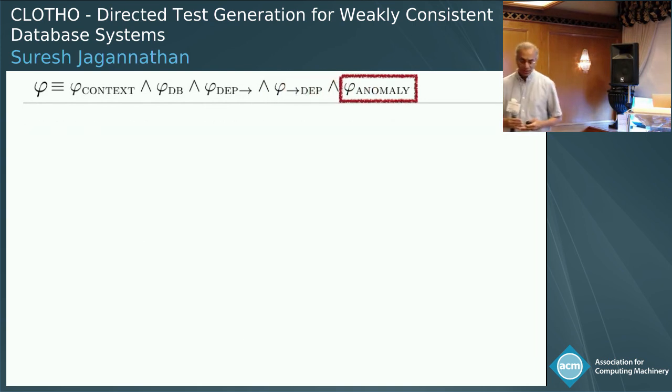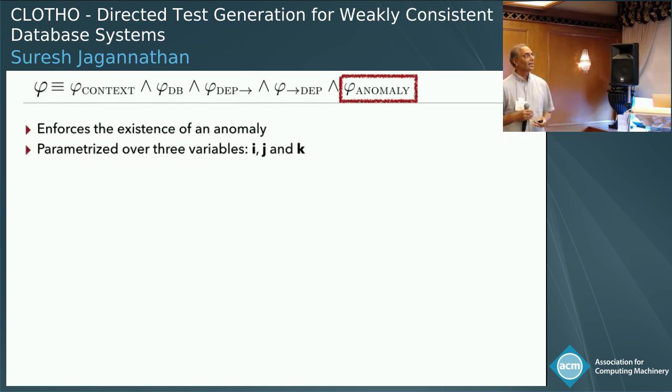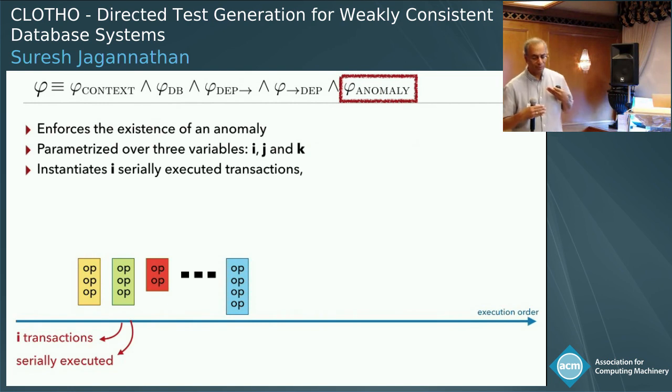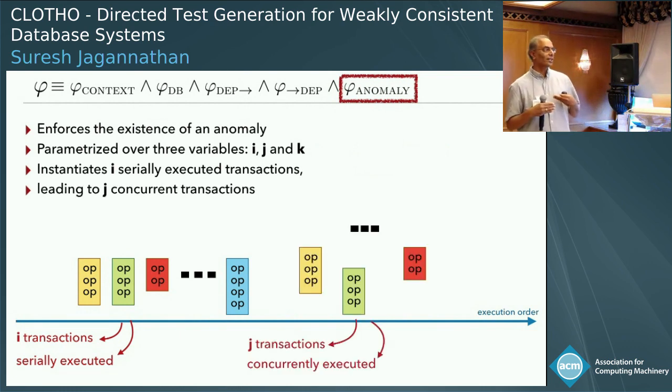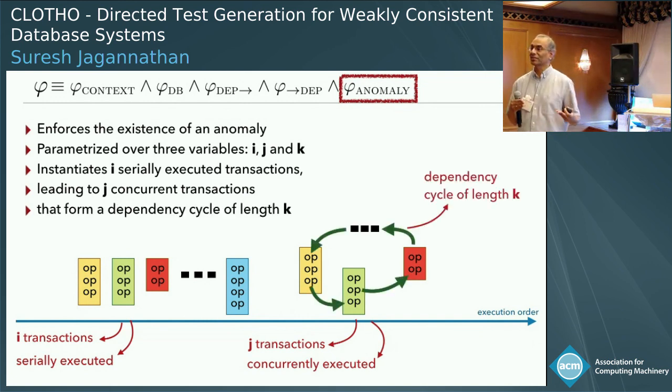And finally, we try to find cycles, right? So now we get to figure out, with all of these different constraints, can we establish a cycle? And what we do is we parameterize the structure of the cycle according to three variables: the number of transactions that are executed serially, the number of transactions that we get to execute concurrently, and the length of the cycle itself, right?